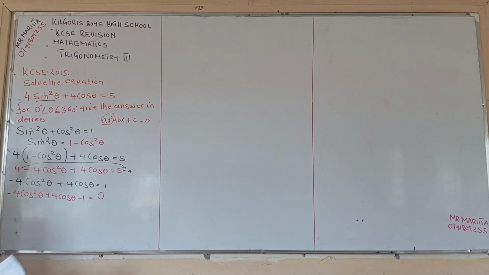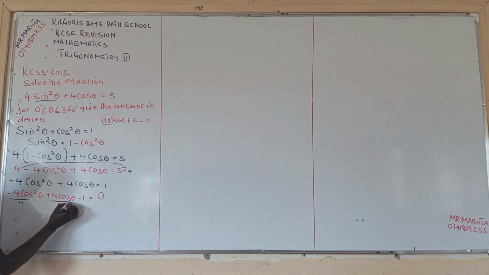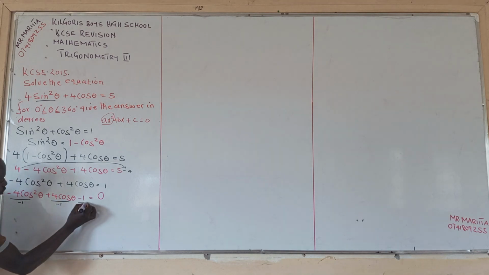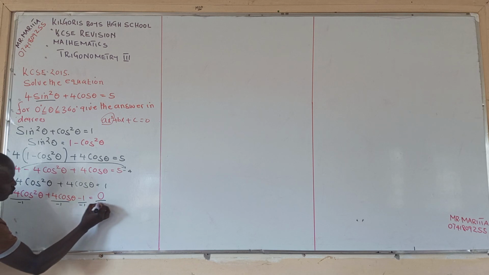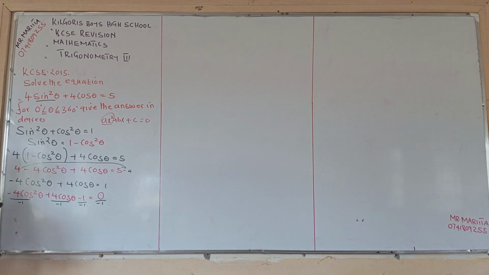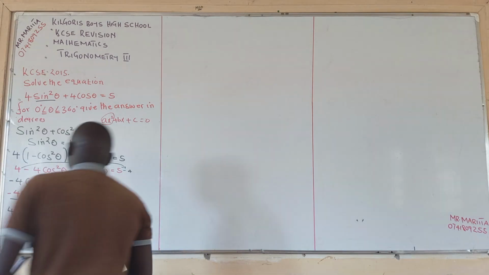So we divide every term by negative 1, such that we have 4 cos squared theta, then minus 4 cos theta, then plus 1, and that is equivalent to 0.